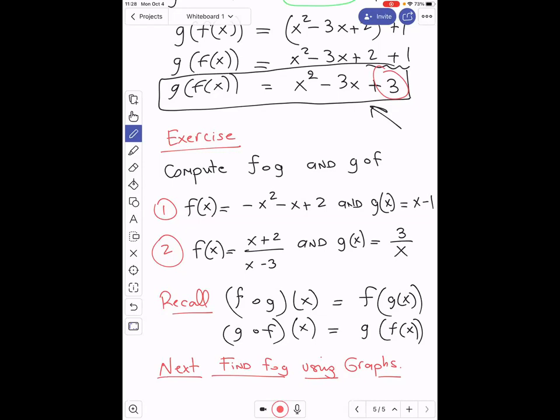In number 2, as you can see, f and g are fractions, so be careful with the sum or subtraction of fractions when you simplify your answer.